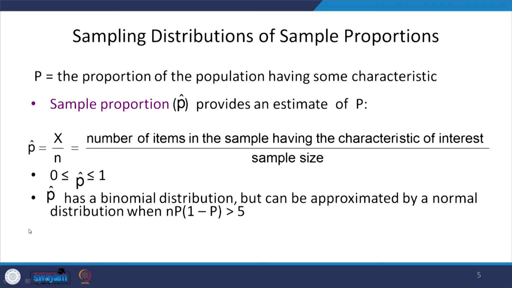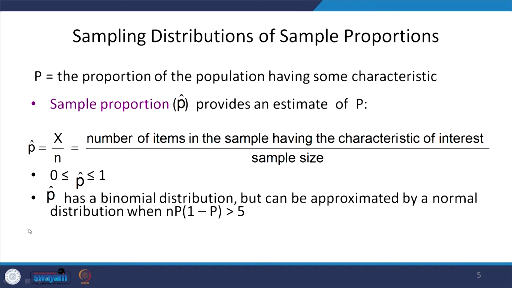With the help of the sample proportion we can find an estimate of the population proportion. Here the sample proportion is found as p hat equal to x divided by n, where x is the number of items in the sample having the characteristic of interest and n is the sample size.